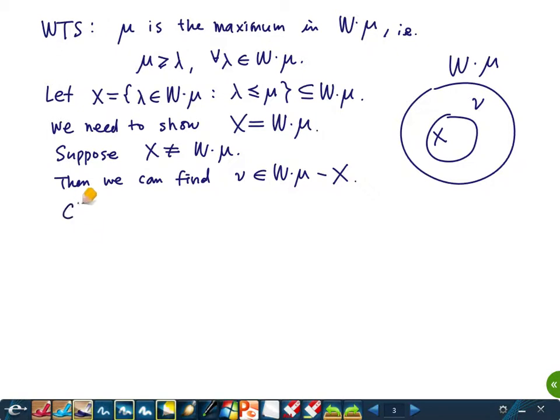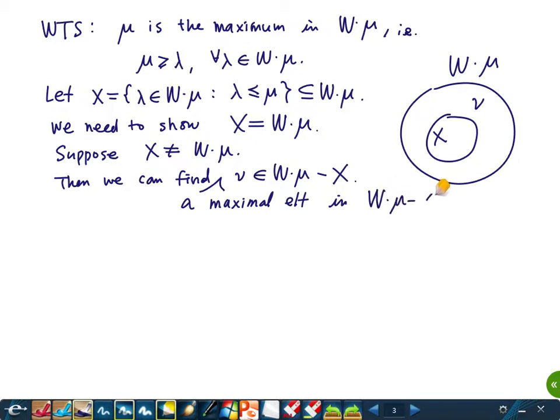So claim: nu is a maximal element. Oh, sorry. I need to say something. We can find an element there, but in particular, we can find a maximal element in this.